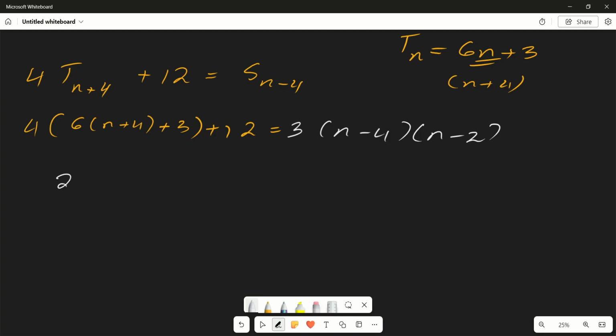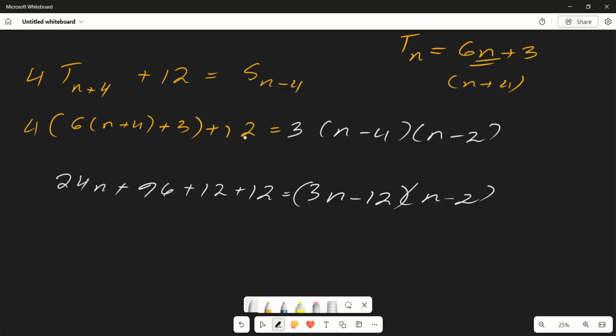We'll just have to do some quick arithmetic. 6 into 4 is 24, so 24n plus 96 plus 12 plus 12, that is plus 120, equals 3(n minus 4)(n minus 2). We just have to multiply these and we will form a quadratic equation: 3n squared minus 18n plus 24, I think.